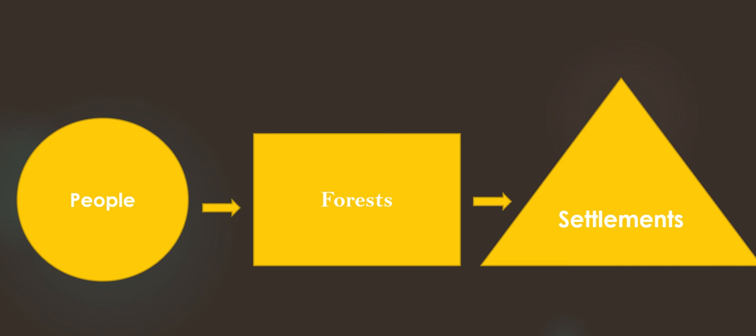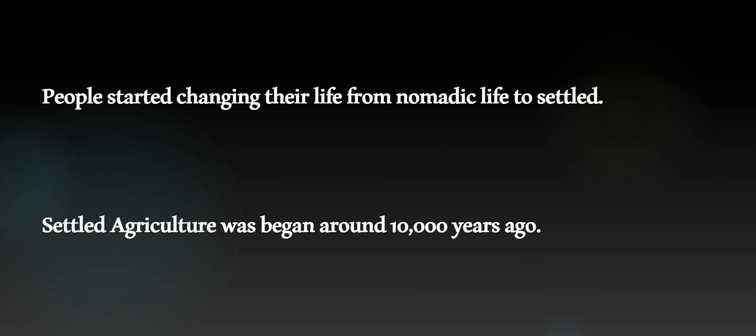In this process, they started making settlements easier to access. Those were very small in size in the initial period, and then slowly they turned into a special kind of settlements. So with that, you can understand people started their life as nomads, and slowly they started settling in some places.